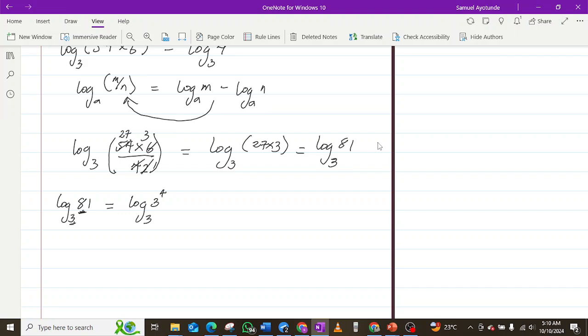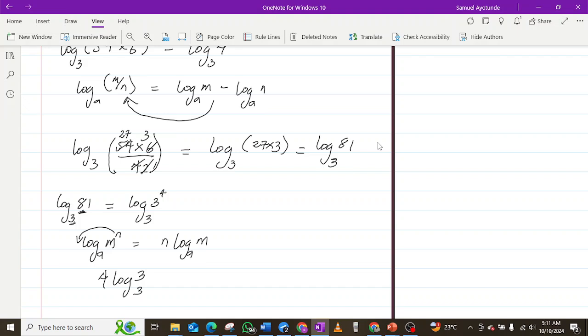So that's what we have. Now we have another law that says that power can become coefficient. So if I have a power, I can bring it as coefficient, which will become n log a m. So if I do that to this, I will have 4 log 3 base 3.